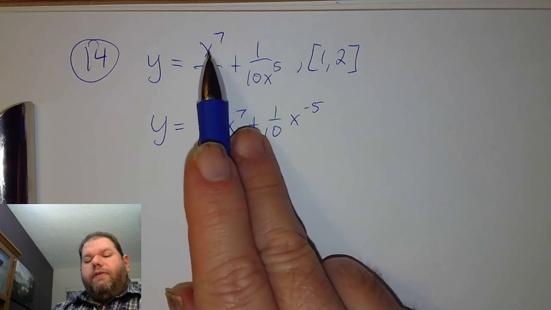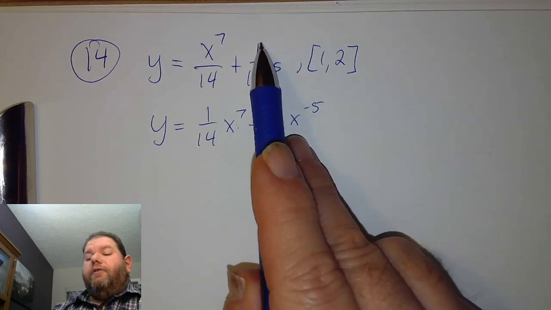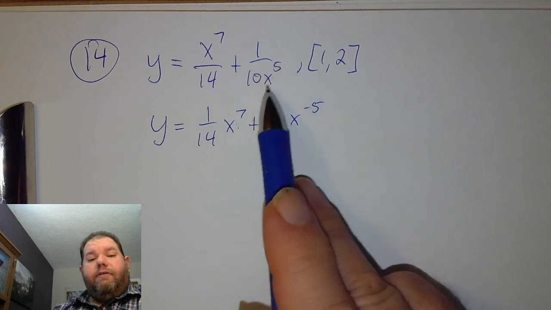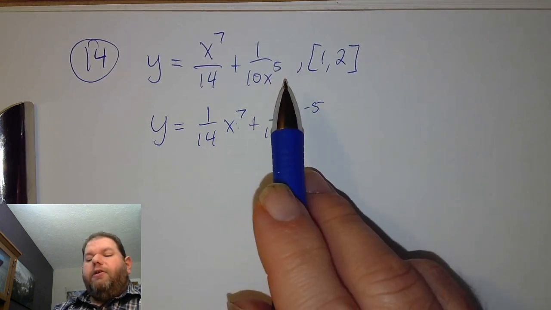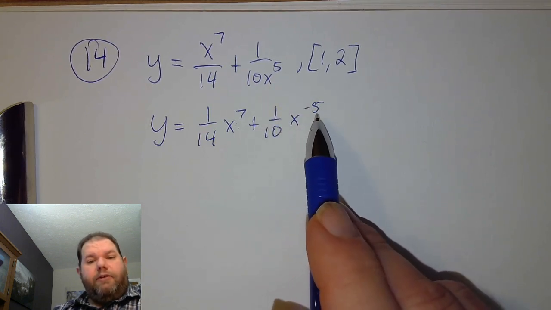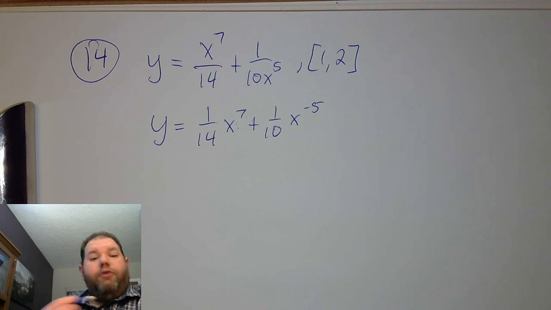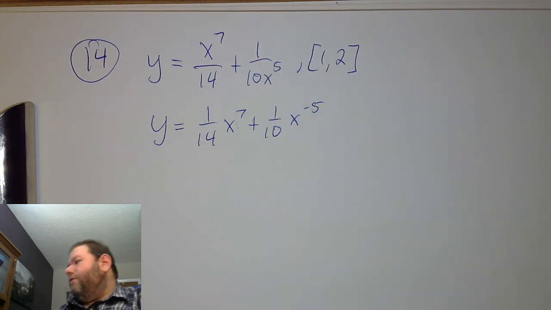So this is x to the 7th times 1 over 14, and this is 1/10, and if we take the x to the 5th and move it up, that would be x to the minus 5. The reason we would like to use x to the minus 5 is it's easier to differentiate with the power rule than while it is still part of the fraction.